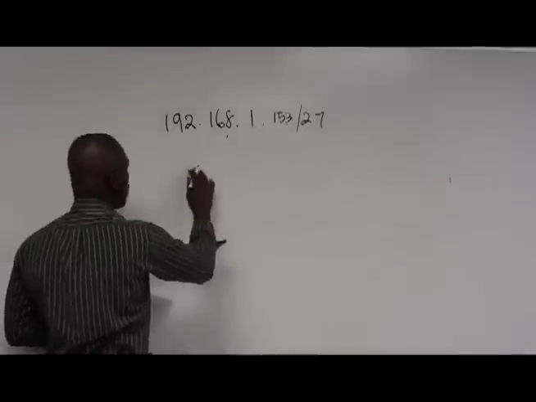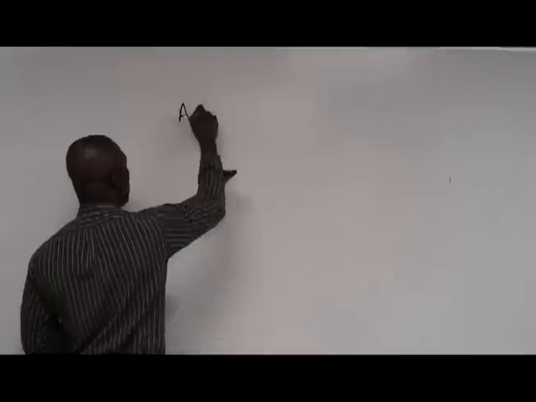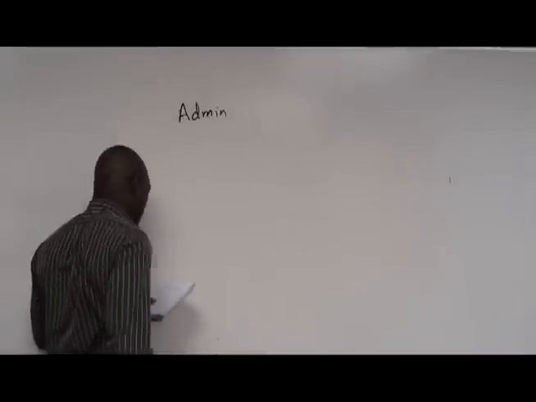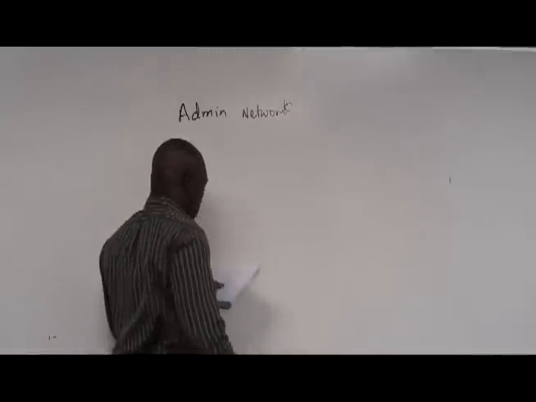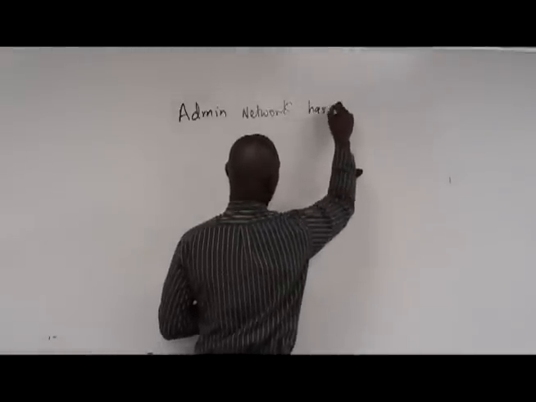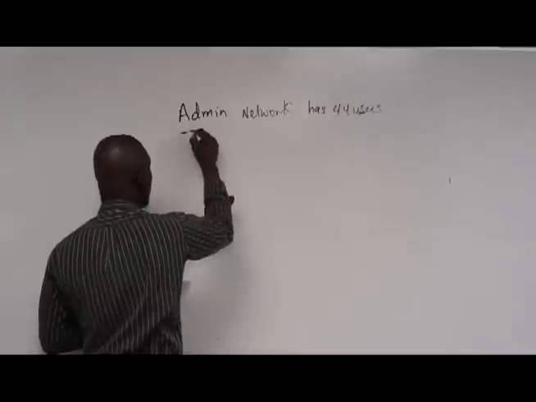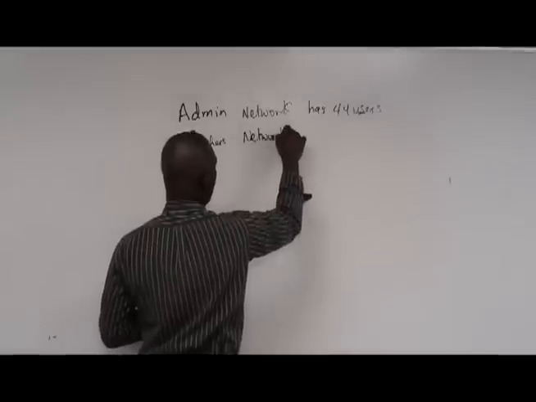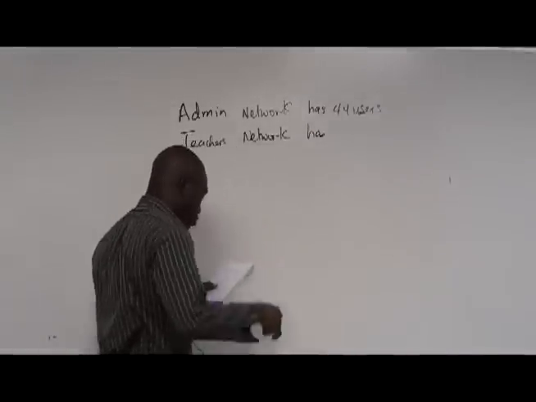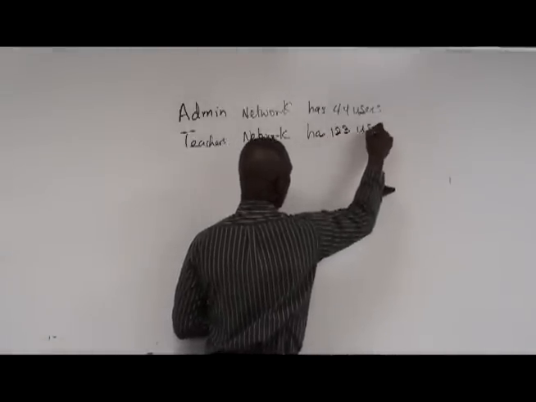Right. So let me take this number here to the top. There's a typical question that comes in the exam as well. Let me say this admin network has 44 users, and the teachers network has, let me just work out a number in my head here, 123 users.